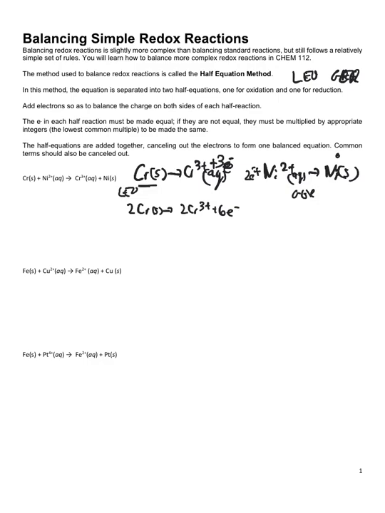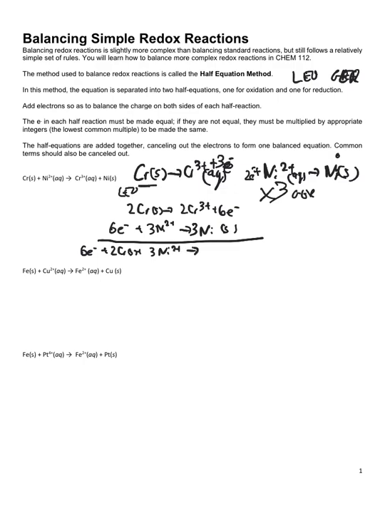Then I have to take the second half equation, involving nickel. To cancel out those 6 electrons, I need to multiply this equation all by 3. So I want to have 6 electrons plus 3 nickel 2+ react to make 3 nickel solid. Now if I add everything together, I'm going to have 6 electrons plus 2 chromium solid plus 3 nickel 2+ on the reactant side.